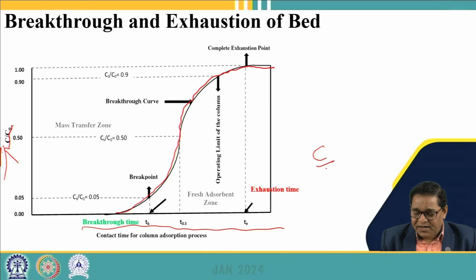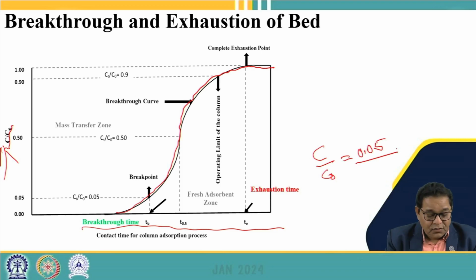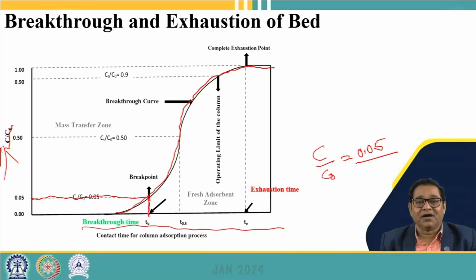So C by C0 must be equal to 0.05. Corresponding to C by C0, we draw a horizontal line and then a vertical line where it intersects. That will be called the breakthrough time, whereas the concentration of the adsorbate in the wastewater will be termed the breakthrough concentration, and that is equal to C by C0 equal to 0.05.